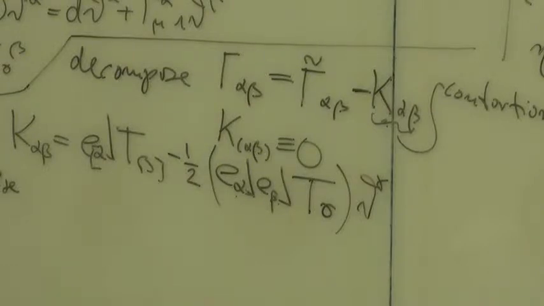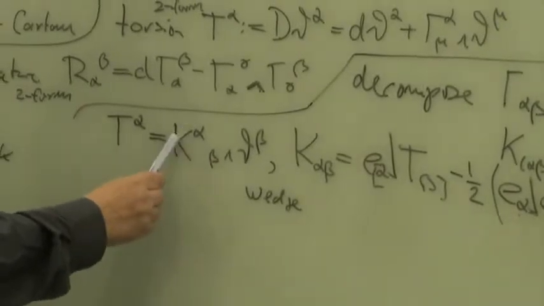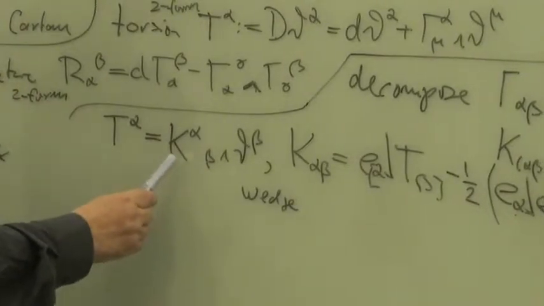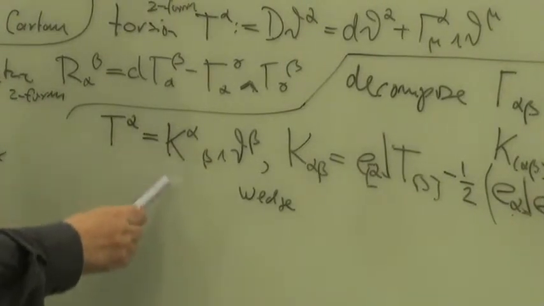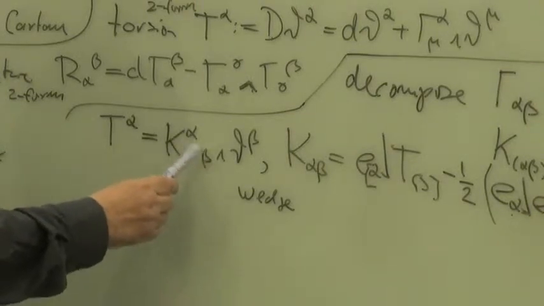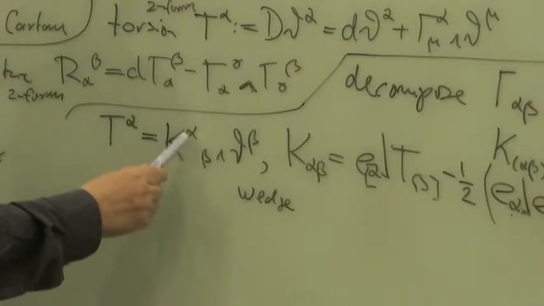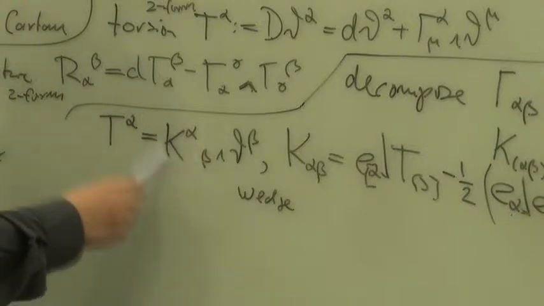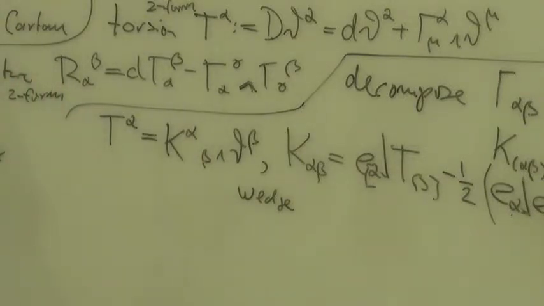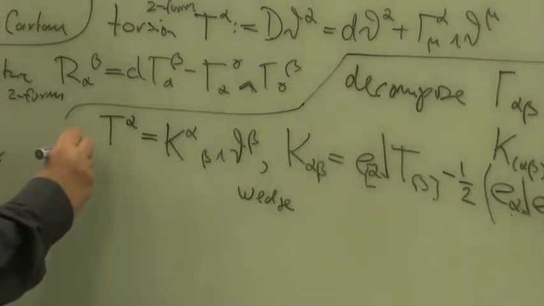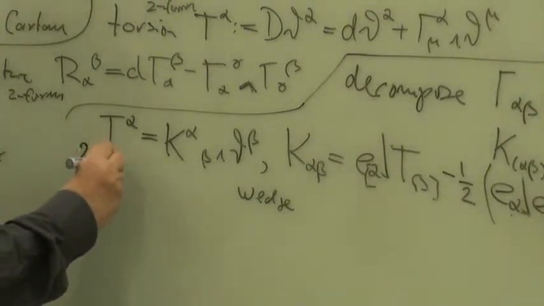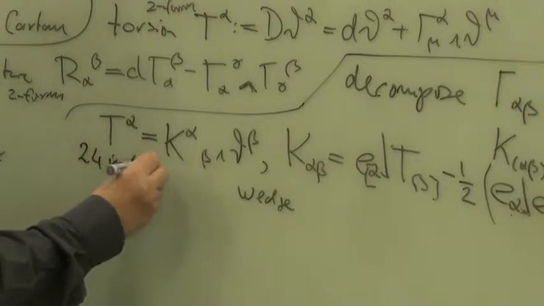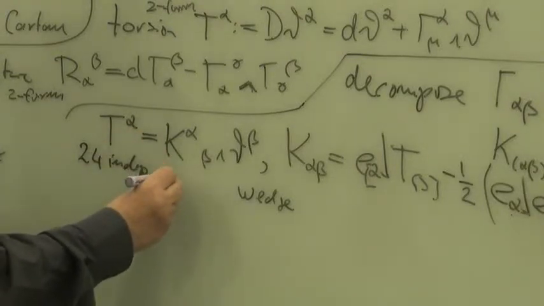It has the same number of independent variables, 24. This is a 1-form K. The 1-form has 4 independent components, and here the indices are 2 and they are antisymmetric, so it's 6 times 4, it's also 24. So you have 24 independent components of torsion or contortion.